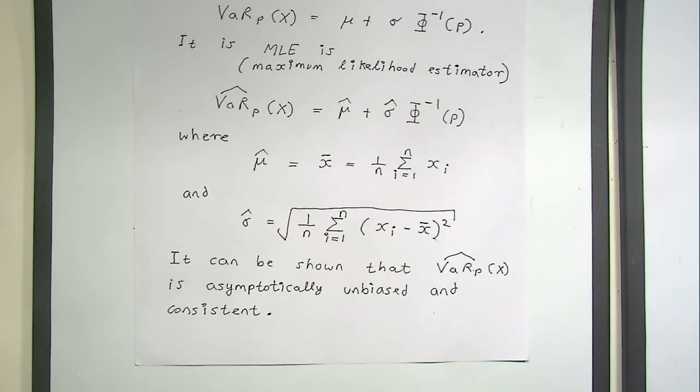So it means that the bias approaches 0 as n goes to infinity, and the MSE also approaches 0 as n goes to infinity. So you can try to do this yourself, but if you have problems proving either of these two statements, come and see me, okay?